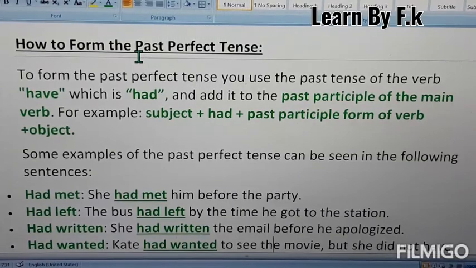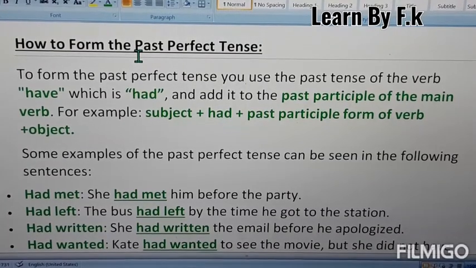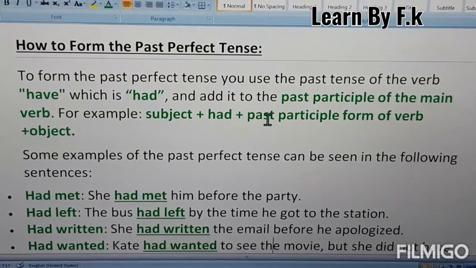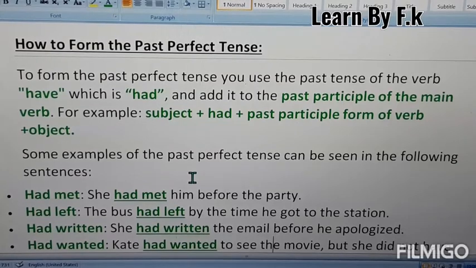For example, the structure is subject plus had plus past participle form of verb, which is also called the passive participle form of verb or the third form of verb, plus object. This is shown here. Some examples of past perfect tense can be seen in the following sentences.